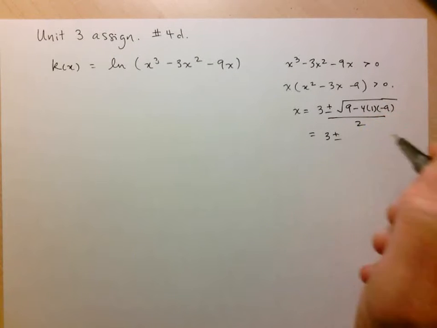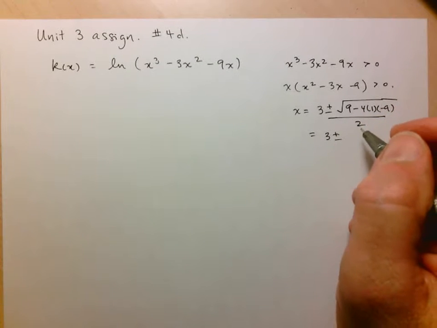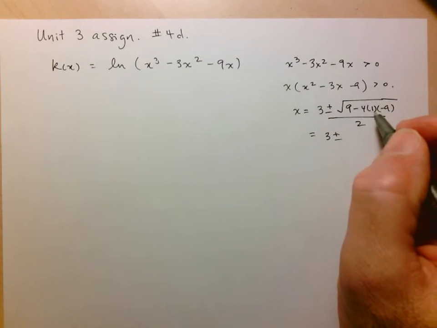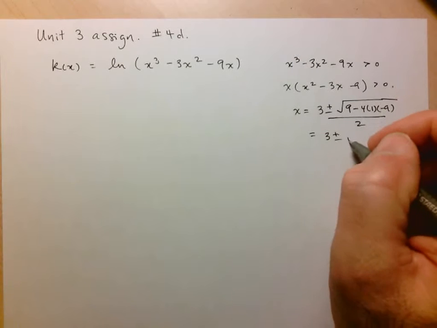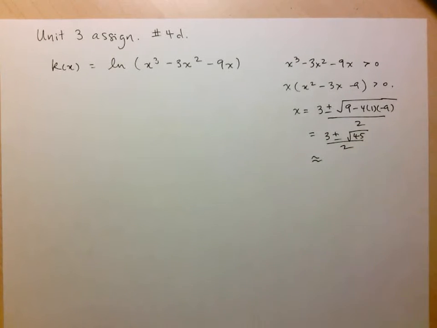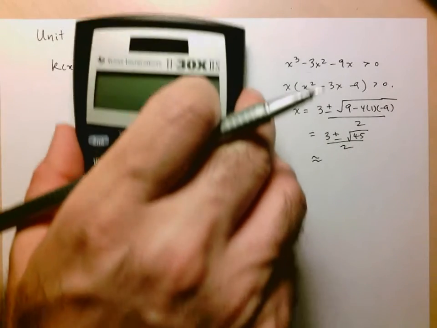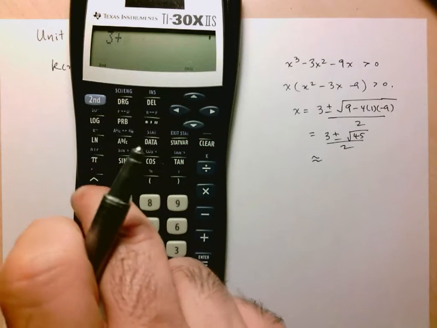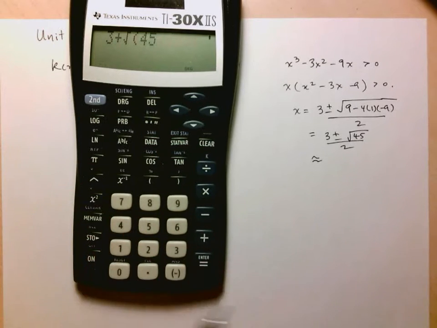So it's 3 plus or minus the square root of 9 plus 36, so that's 45, all over 2.